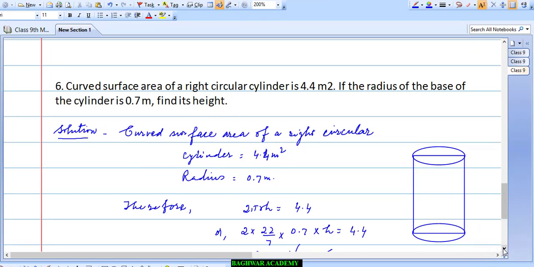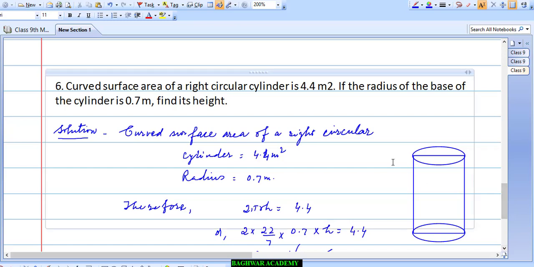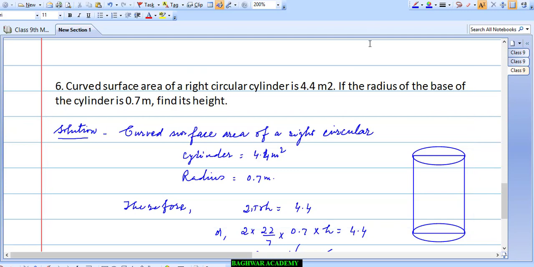Again this is also very easy. Curved surface area of a right circular cylinder is 44.4 meters square. So here you see curved surface area has been given. It means 2 pi RH has been given.